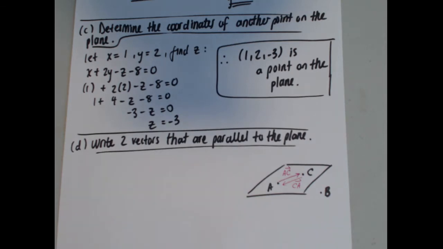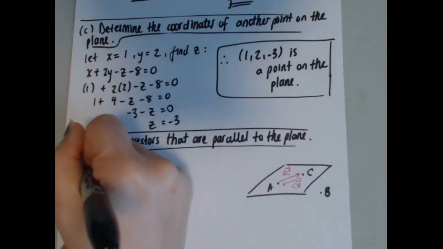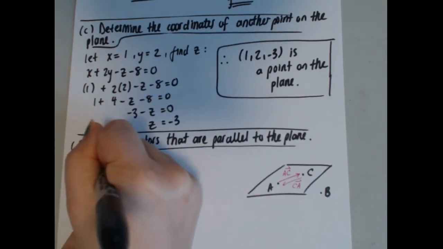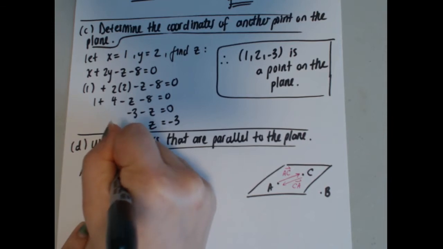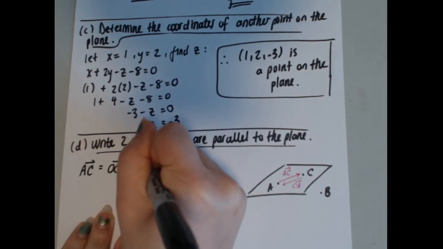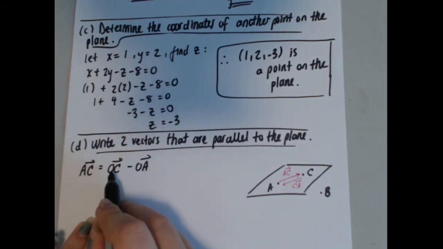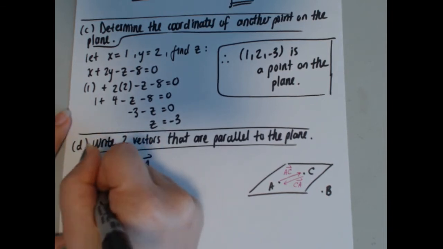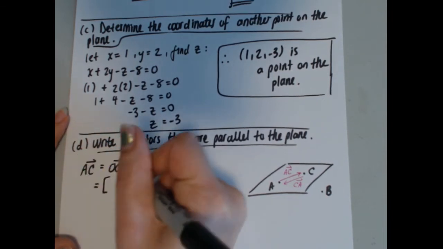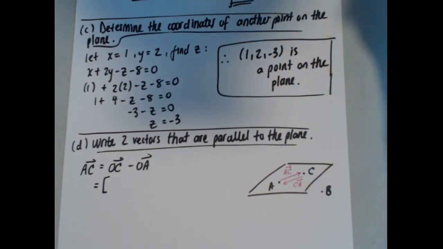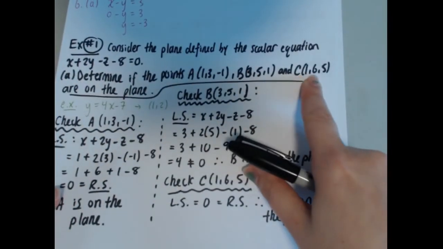All right, so I'm going to go ahead and find, let's do this, AC. So AC is going to be OC minus OA. So these are the position vectors going to point C and A respectively. Okay, so OC, all you have to do is look at the point for C. C is (1, 6, 5).